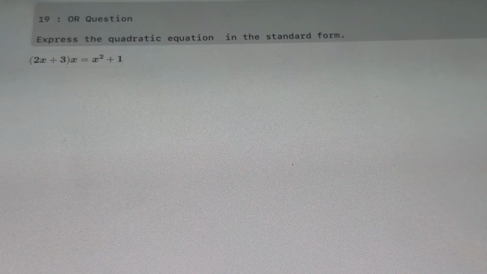So we can see the new question. Express the quadratic equation in the standard form. 2x plus 3 into x is equal to x square plus 1.